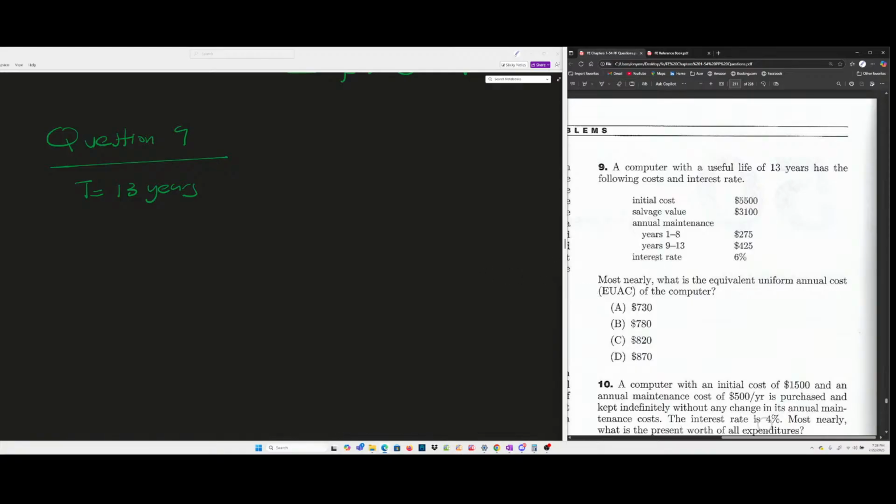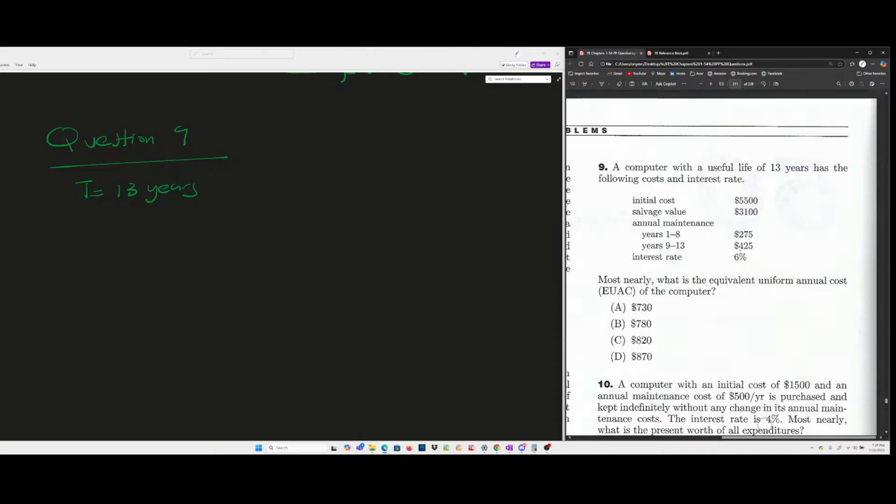So this is tricky because they gave us two different costs for the annual maintenance. For us to get the EUAC, we have to find the future value of the annual maintenance for the first eight years, taken out to 13 years, and then for year 9 to 13, which is 5 years with 425.